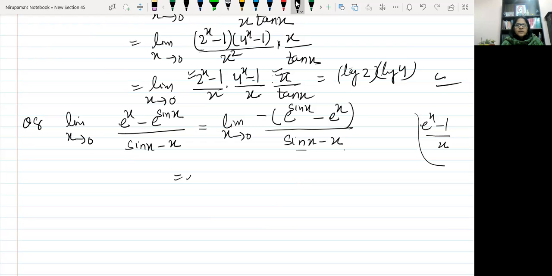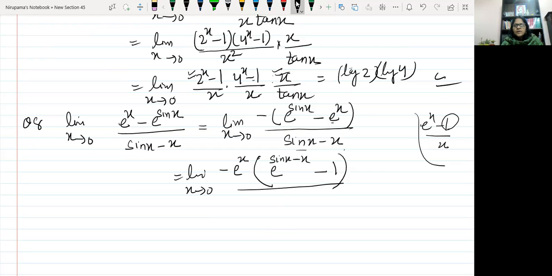Now if I write here limit x approaches 0, minus, I can write e to the power x, we need 1 here, right? Second term should be 1. So by taking it like this, here it is (e^(sin x - x) - 1), divided by sin x minus x.